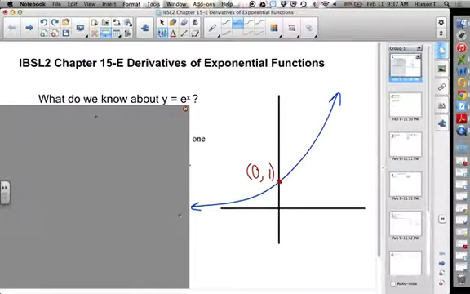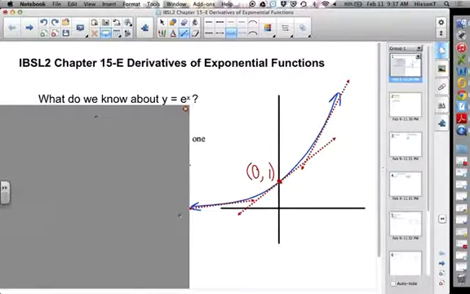Okay? Now, let's think in terms of our derivative. For our derivative, what do you notice about all of the tangent lines? Like if I drew that tangent line, or this tangent line, or even this tangent line, what do all those tangent lines have in common?